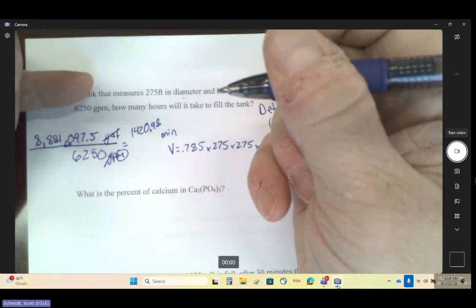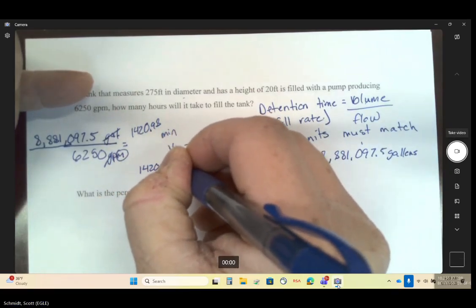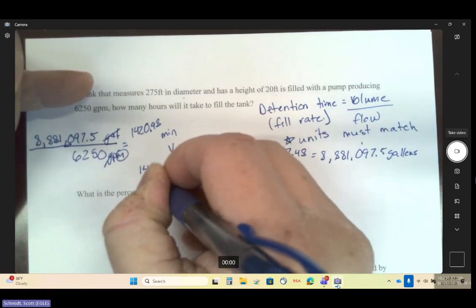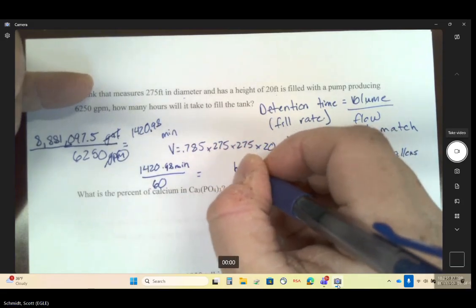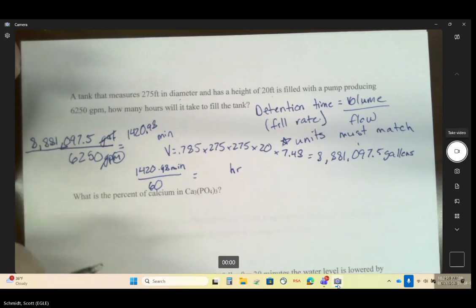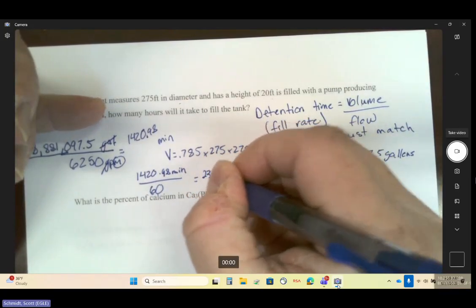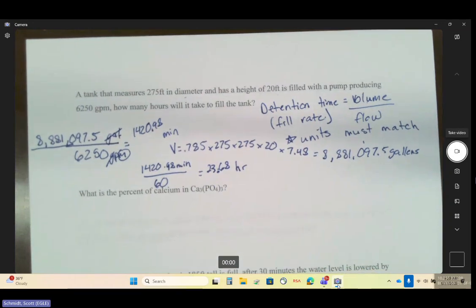Well, how do I get minutes to hours? All I've got to do is divide by 60, and this will give you hours. So 23.68 hours.